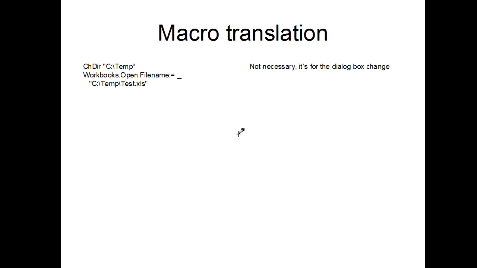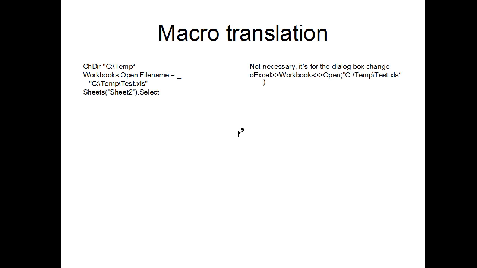The next line is Workbooks.Open FileName equals C:\temp\test.xls, and you translate that by OXL, the name of your Excel object in your program, then Workbooks, greater than, Workbooks, greater than, Open, and then in parentheses the name of the file to open.